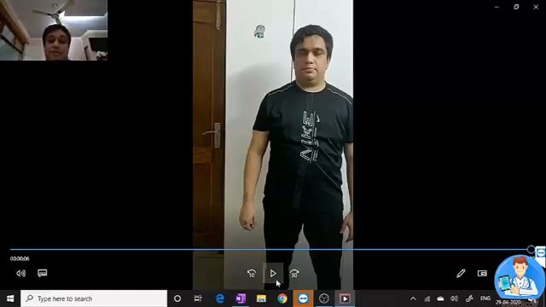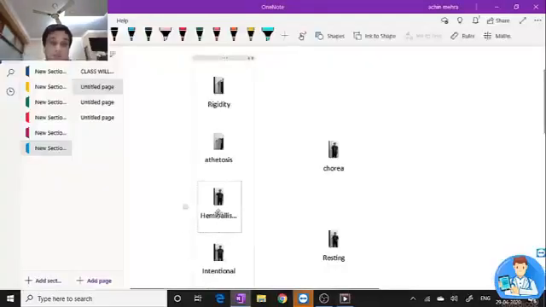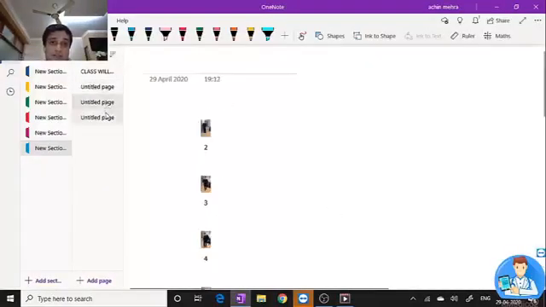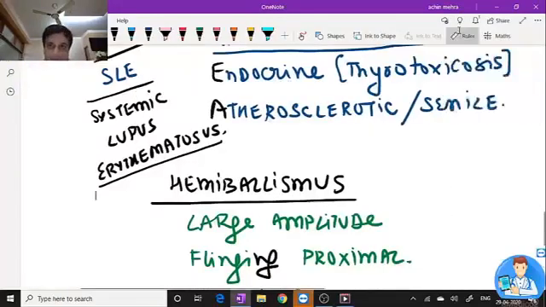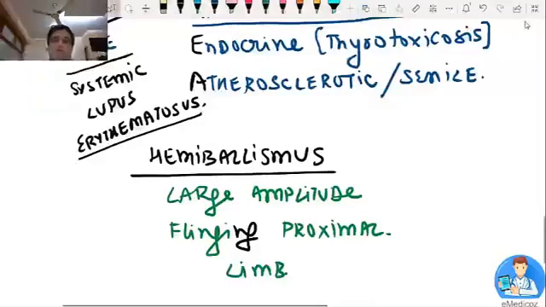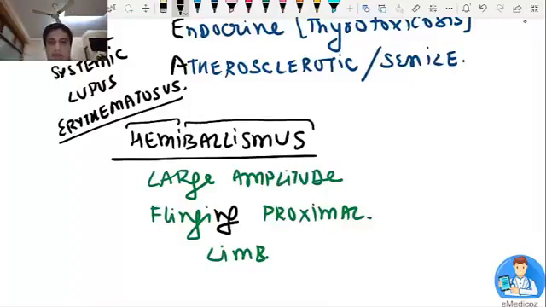Simple. Now the point here is, why is it known as hemiballismus? That's important. Because we find it only on one side of the body, not both sides. That's why the word hemi came with it. Now look at me on the camera here.